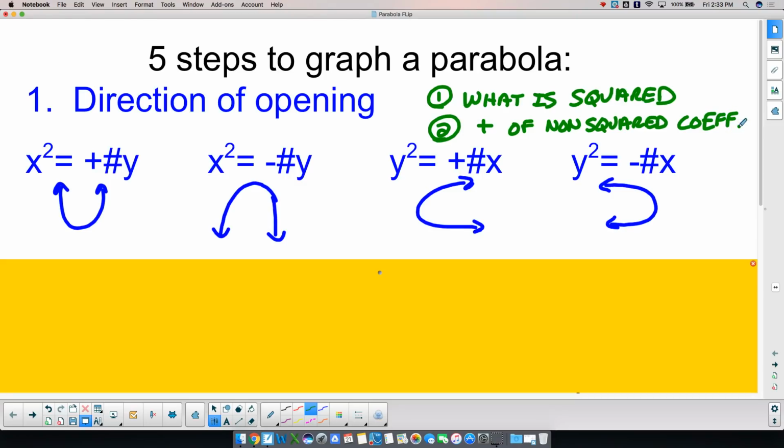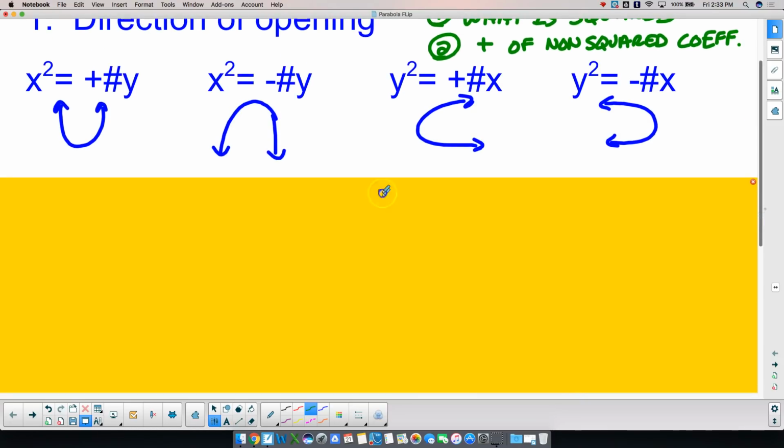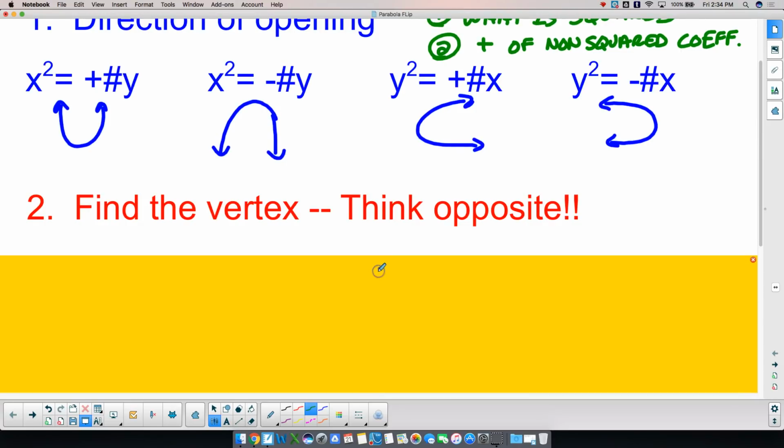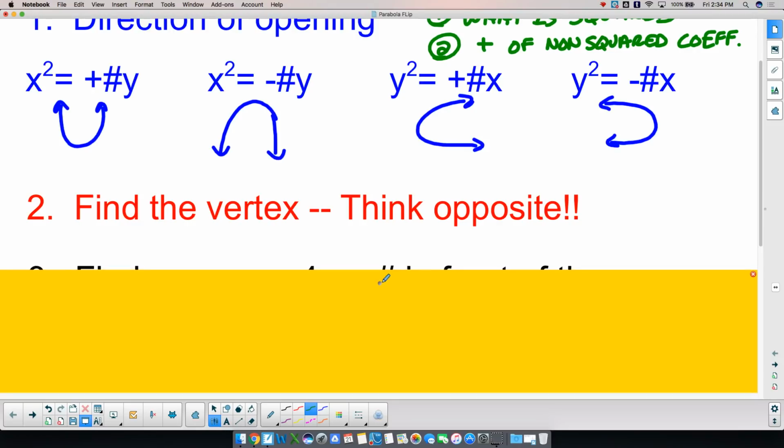Okay. Next, we're going to find the vertex. Our next step is we find the vertex, and we think oppositely. Because our general formulas, or our standard formulas, if you will, are going to be x minus h quantity squared is equal to plus or minus 4p times y minus k.